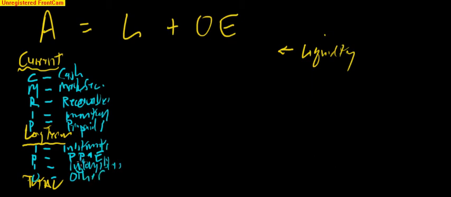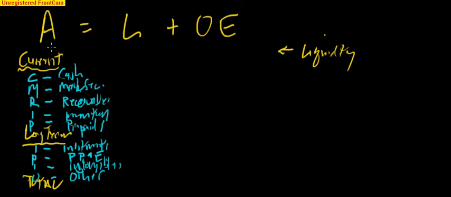An intangible asset would be something like a trademark or a patent or a copyright, and there's a value associated with that. There's value associated with the name Nike, and the value associated with that name and that trademark would show up as an intangible asset. So the long-term assets are investments, property, plant, and equipment, intangibles, and other, to come up with total assets.